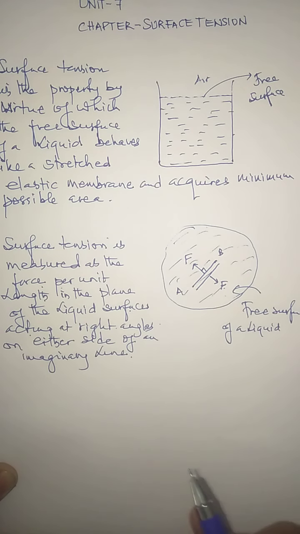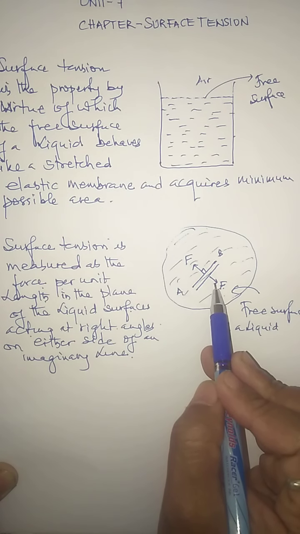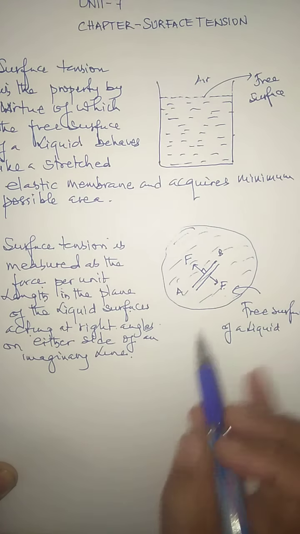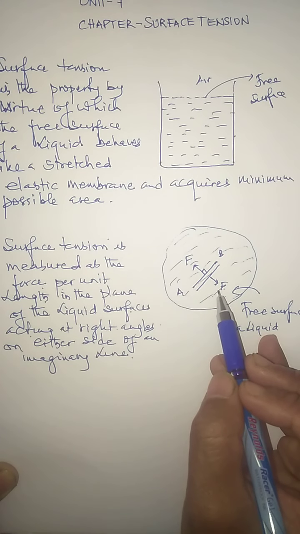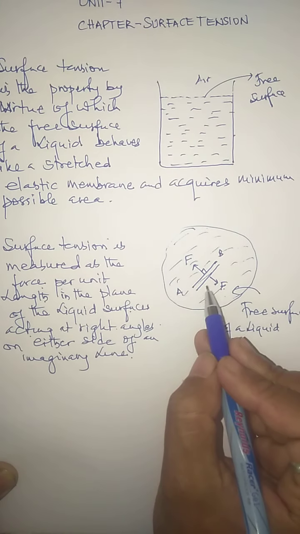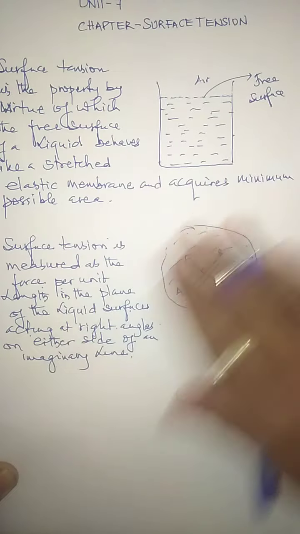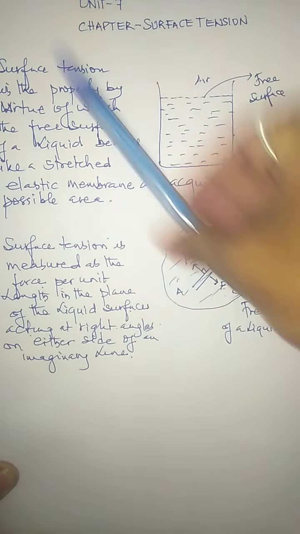Now the next thing that we need to keep in mind is that this force has a direction, because force is a vector quantity. This force direction is always at right angle to the imaginary line, and at the same time this force is also directed tangential to the liquid surface. So this is the liquid surface, but the force is acting tangential to the surface.